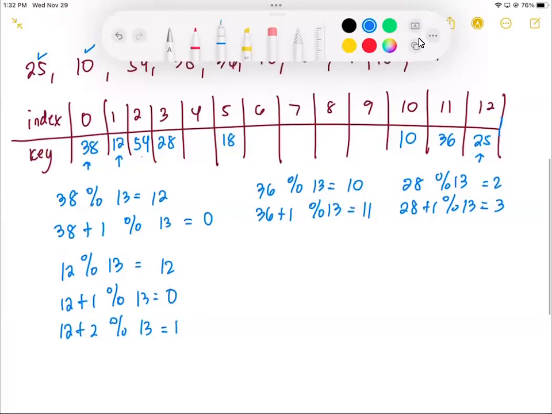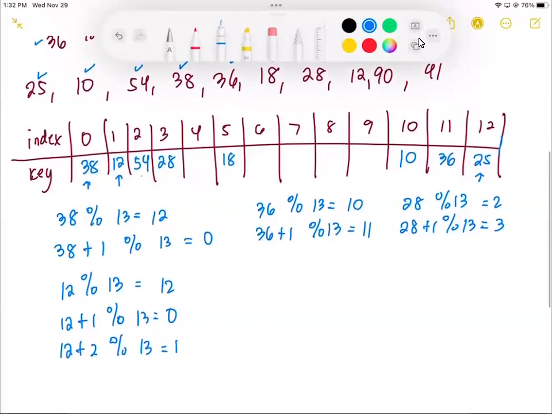Okay, now for the 90. 90 modulo 13 is equal to 12. Let's do this one by one. Now, we want to put 90 here, but it's occupied by 25. So we are going to do linear probing.